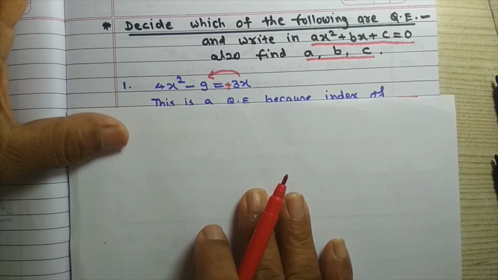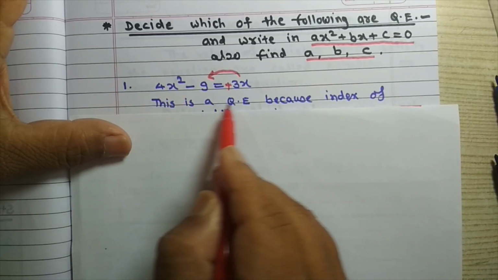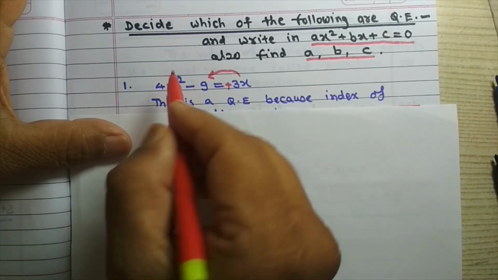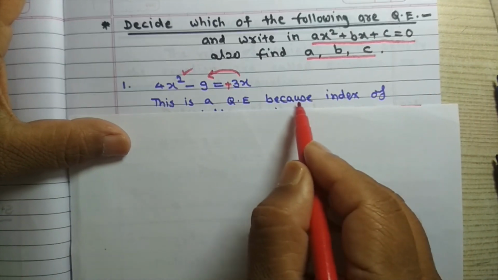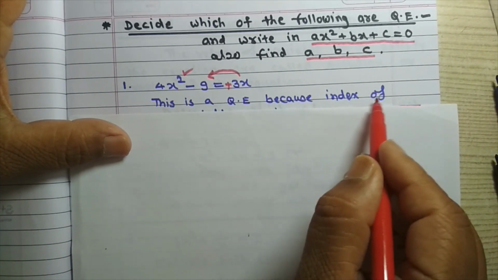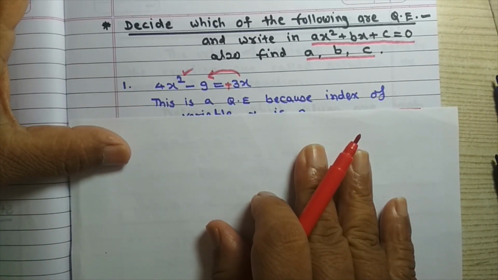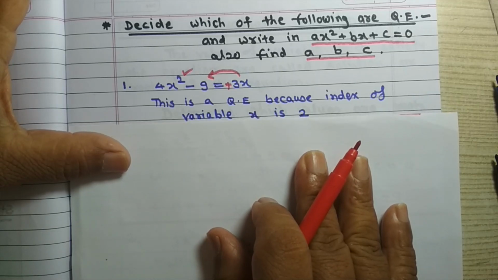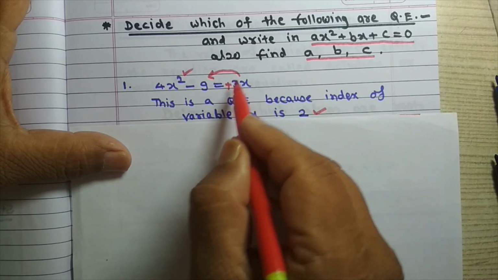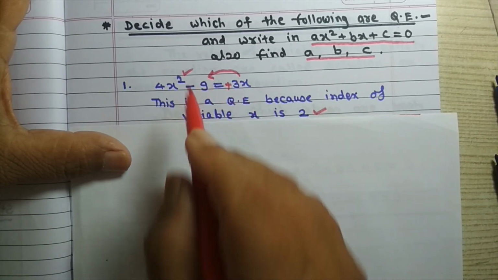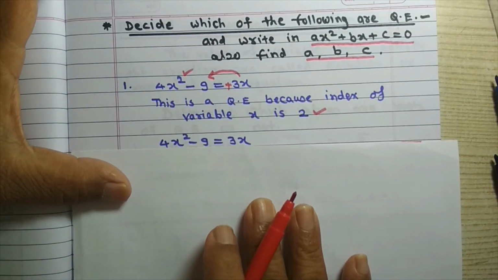This is a quadratic equation because the maximum index of the variable x is 2 here. Then we take 3x to the left side of the equality.